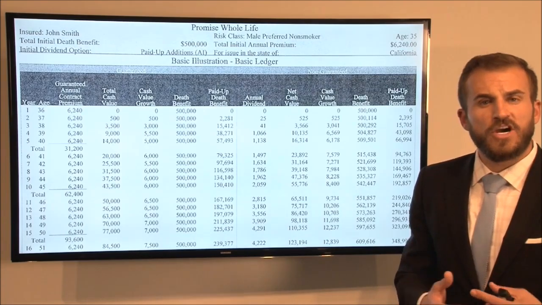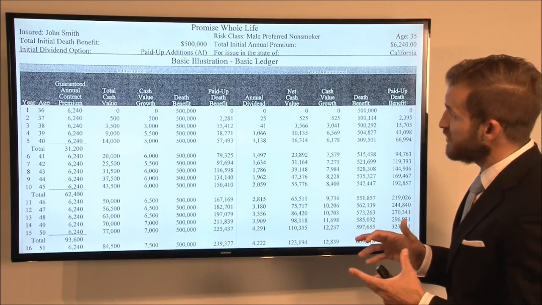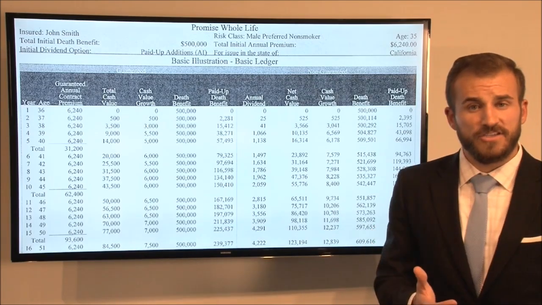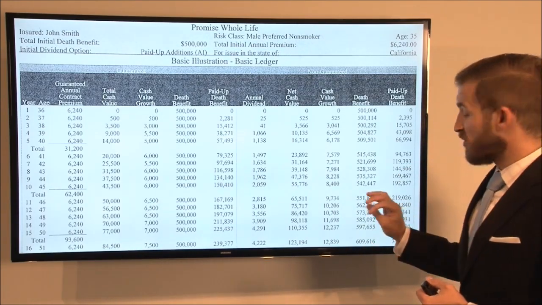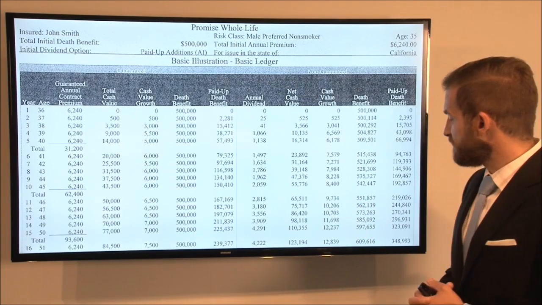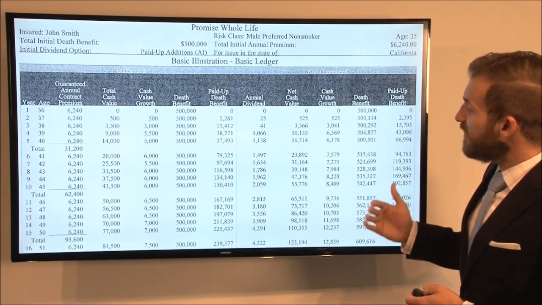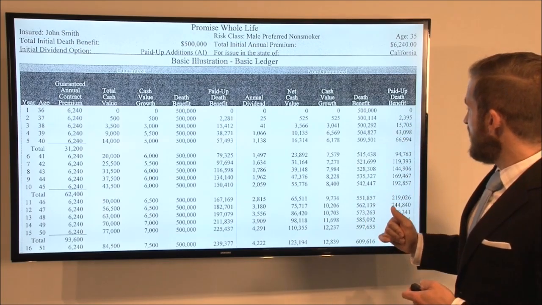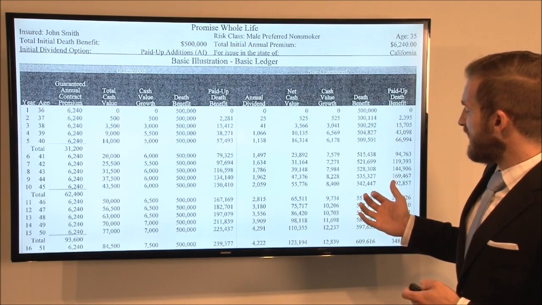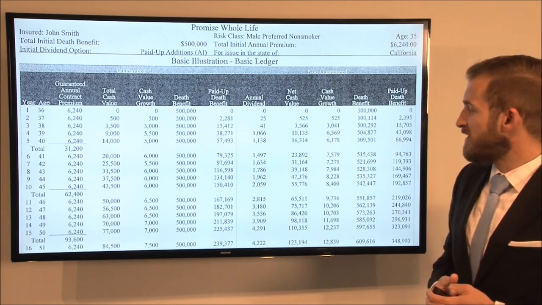In another video, we talked about the different types of dividend options that are available. In this illustration, we're showing a paid up addition option. So more sticky notes, if you've seen that video, are being added to that policy. So we want to focus on the death benefit rising, but the other piece that we want to focus on too is, well, let's talk about that cash value. That net cash value that's right there in the non-guaranteed column.